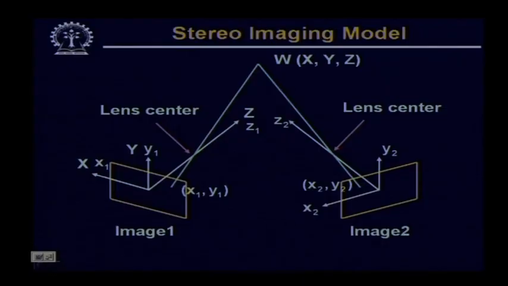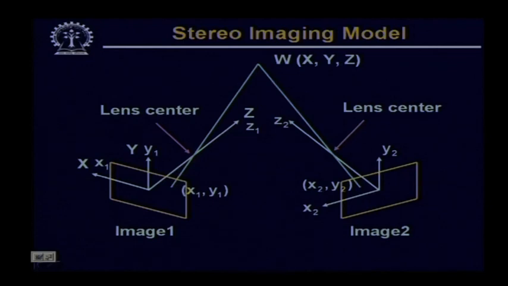Now, once I know that in image 1 the image point corresponding to point W is x1, y1, then by applying the inverse perspective transformation, I can find the equation of the straight line on which the 3D point W will exist. Similarly, from image 2, where I know the location x2, y2 of the image point, if I apply the inverse perspective transformation, I also get the equation of another straight line on which this point W will exist.